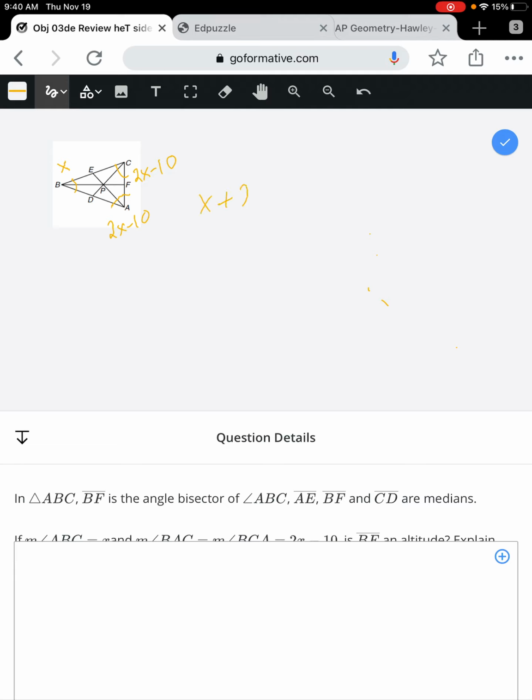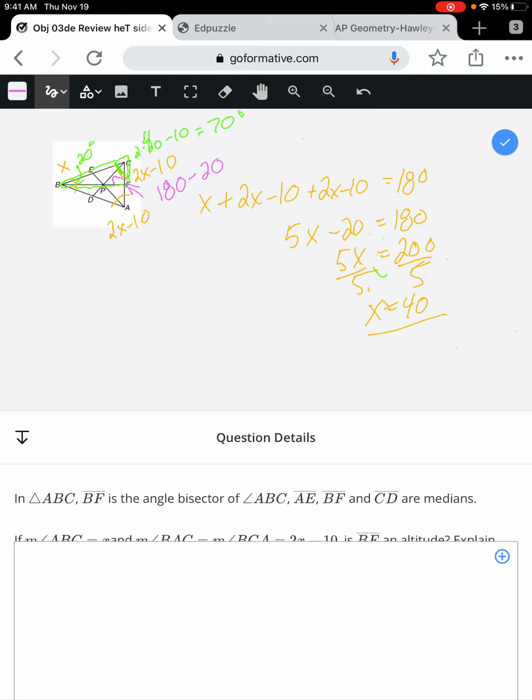Okay, that comes into play because the question is, is BE an altitude? Well, if it's an altitude, then this would be perpendicular. This right here would be 90 degrees. So what I need to do is find that angle right here. So it's going to be 180 minus 20 minus 70, which is 90 degrees. So is BE an altitude?